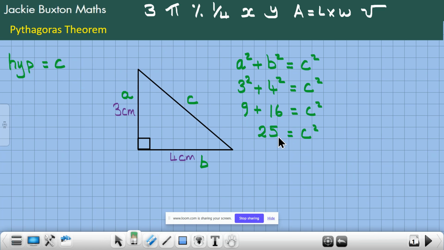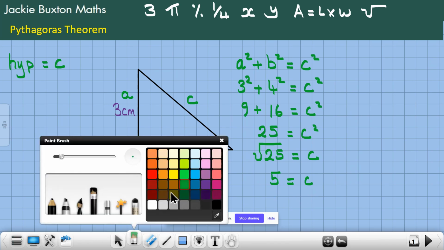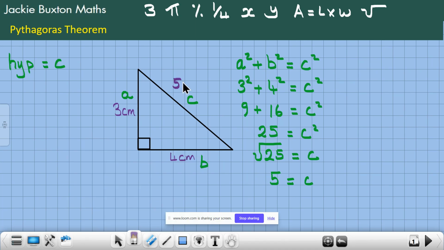And hopefully you'll recognise 25 is a square number. So if we want the square root of 25, that will tell us what c is. And of course, the square root of 25 is 5. So we can write in here that c would be 5 centimetres long.